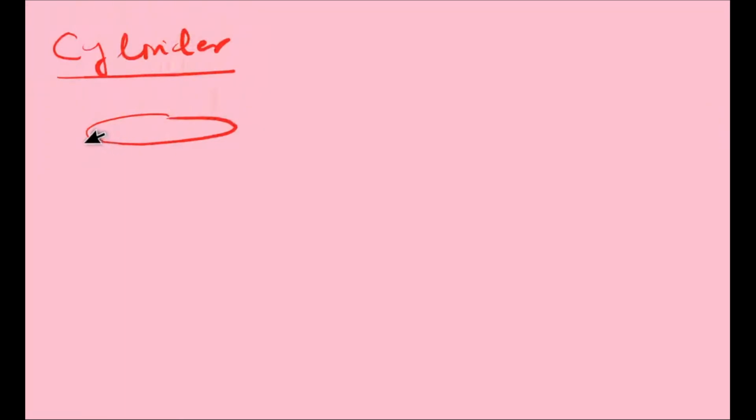So student, number of vertices in the cube is the same as in cuboid. Number of edges in cube is the same as in cuboid, and also faces. Now I will talk about the next, that is the cylinder. Now this one is the cylinder.